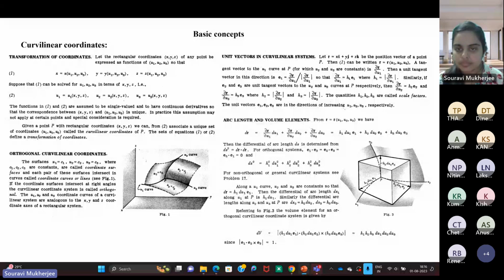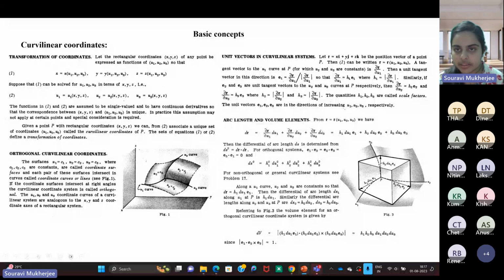So now you have some r, which is a vector that is a function of u1, u2, u3. If you want to find the arc length, some length value dr, you can write it in terms of partial derivatives. So you can write it as del r del u1 du1 plus del r del u2 du2 plus del r del u3 du3, right?